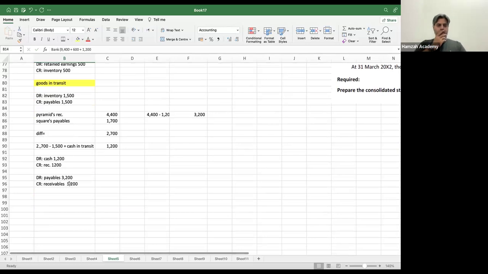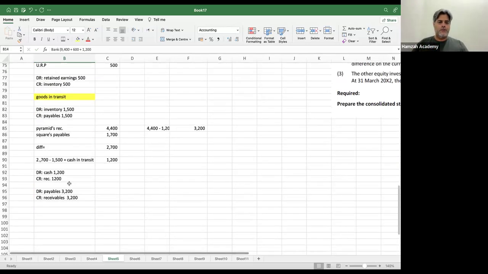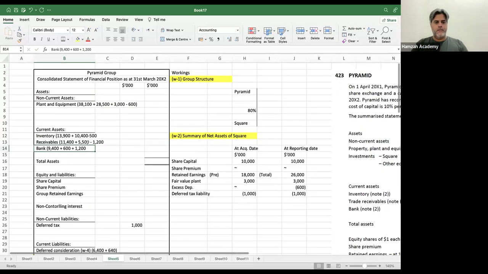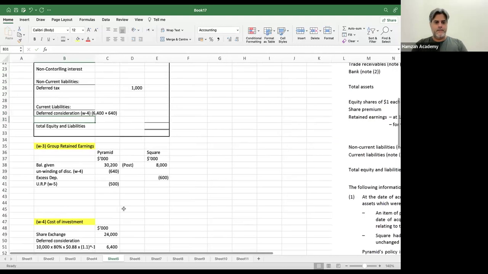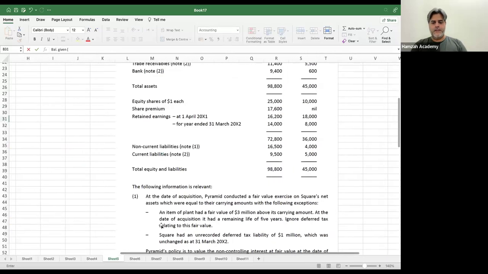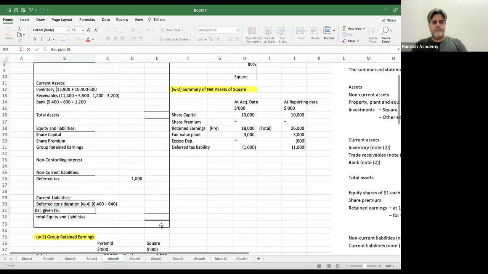And then payables debit, and receivables credit 3200. Minus 3200. Balance given 95 and 5000. 3200 over here. Right? All right.